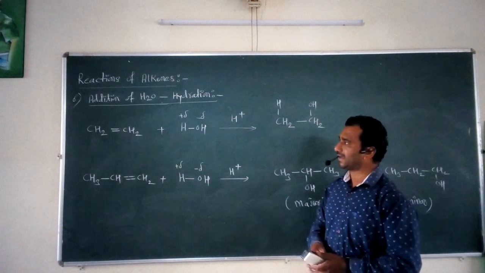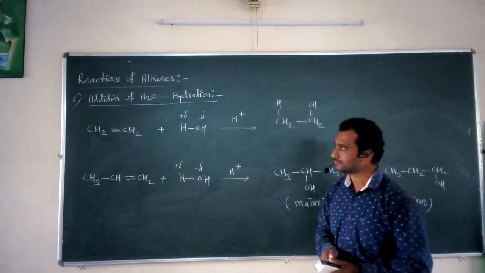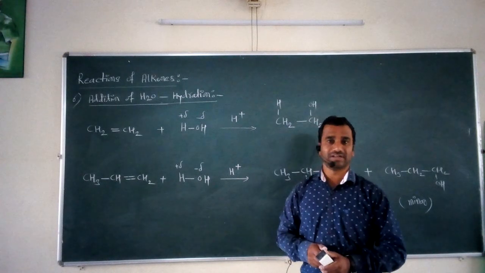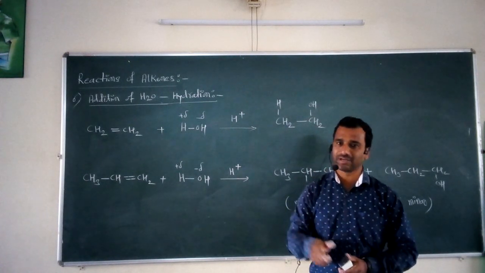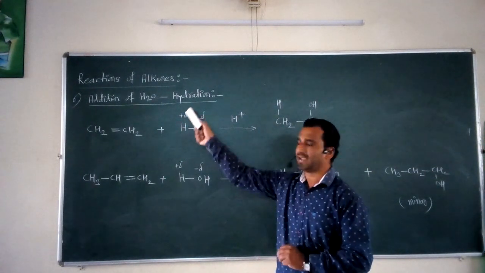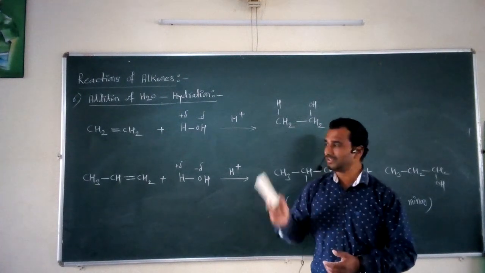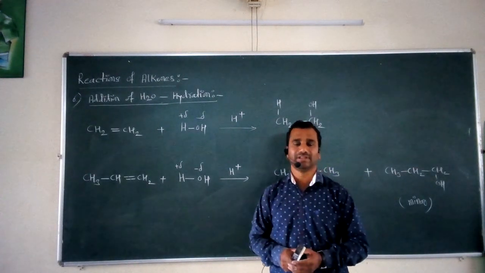After that we took reaction number 5, the addition of concentrated H2SO4 across the carbon-carbon double bond, and the last reaction we just completed is reaction number 6, addition of water, called a hydration reaction. So all these reactions are addition type reactions.